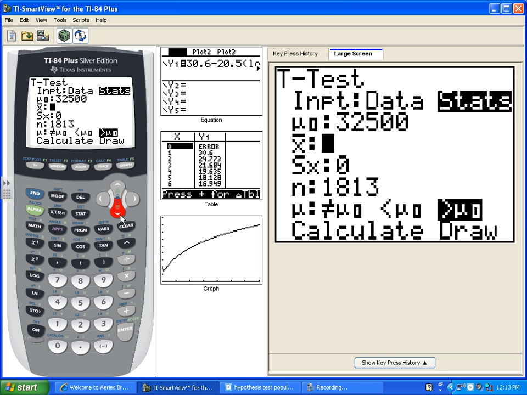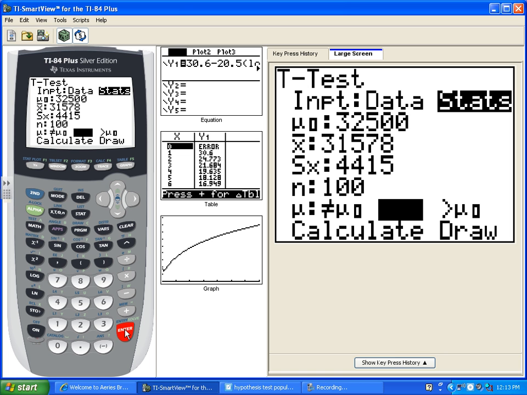The average we're comparing it against is 31,578. The sample standard deviation was 4,415. And our sample size was 100. We're looking for evidence to say that the teaching salary is less than $32,500, so it's less than. And then we're going to hit calculate.